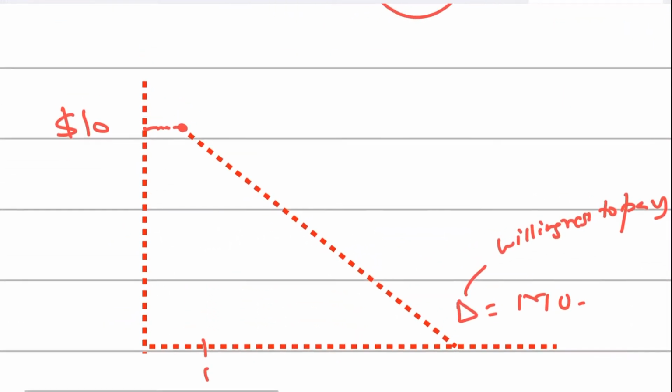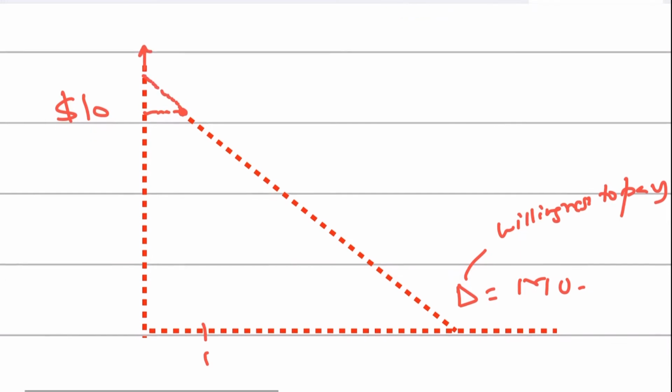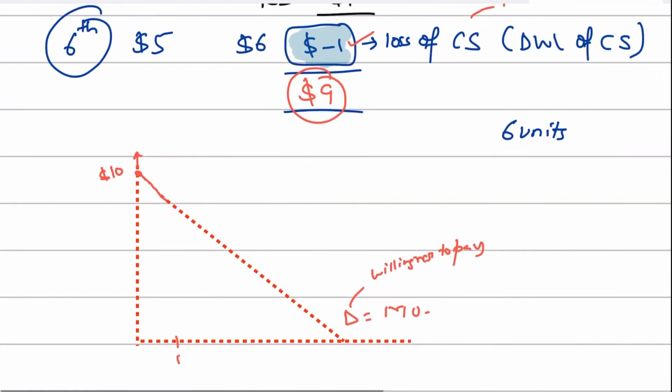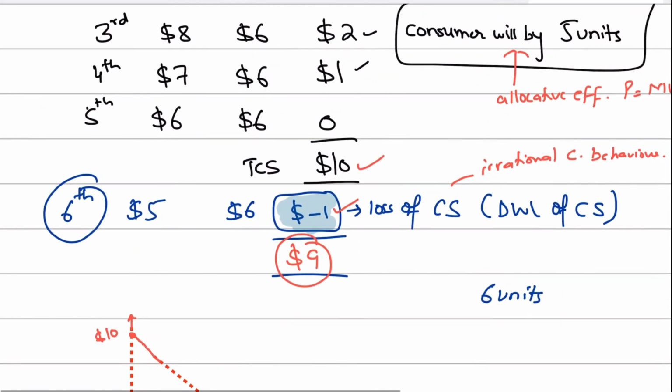But to make my diagram a bit simpler, I'm going to extend it till the y-axis, and I'm going to remove this and write $10 over here just to make things simpler for me, right? So assuming that I'm buying, let's say, how much am I purchasing? I'm purchasing 5 units, because this is the point where no additional consumer surplus is being gained.